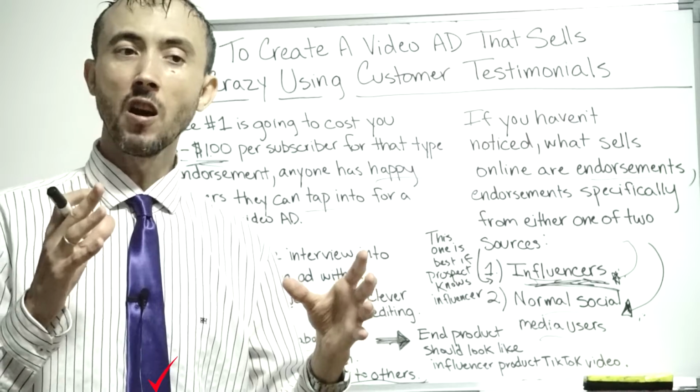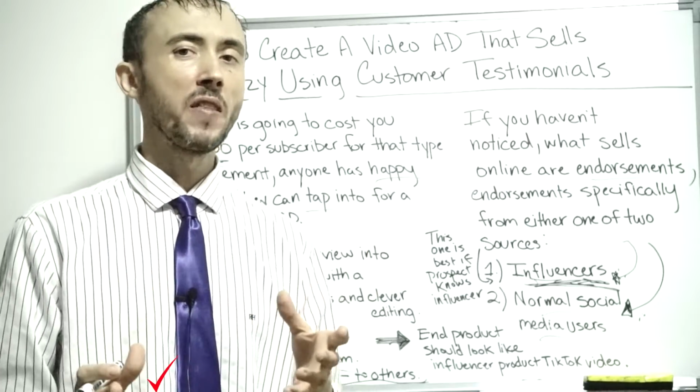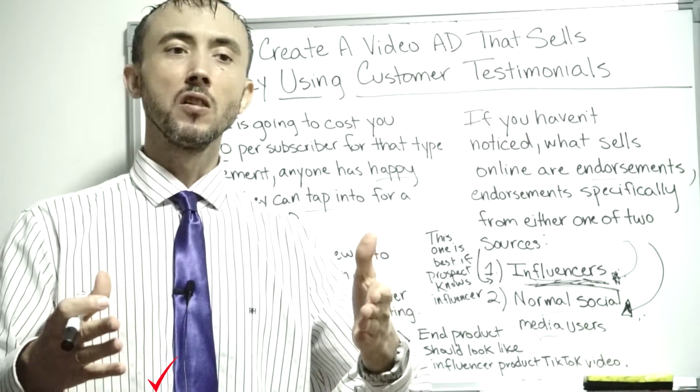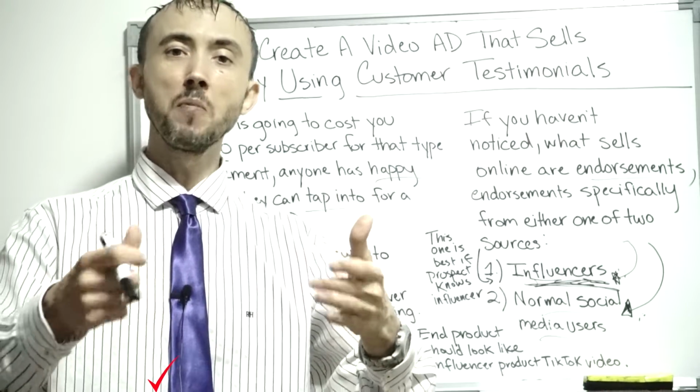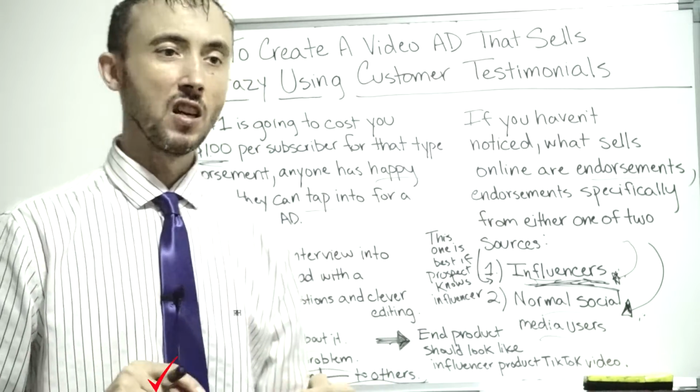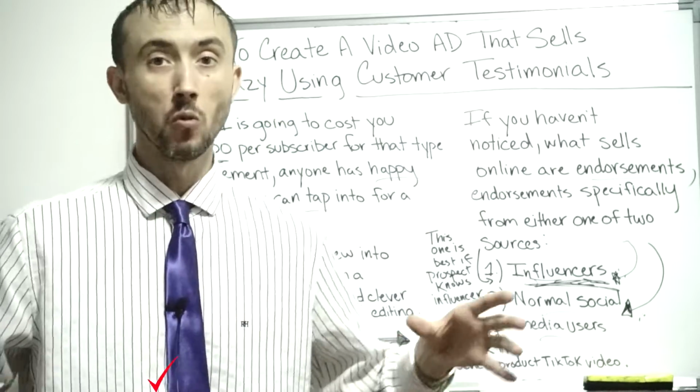So they found on their own a formula that works to give an endorsement of a product and make it look convincing and genuine enough to get people that follow them to buy the product that they're reviewing, if that makes sense. And just copy their format, because it works.